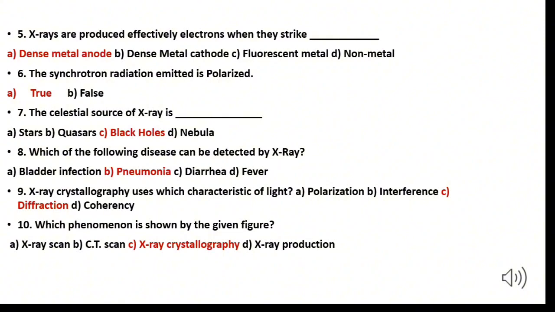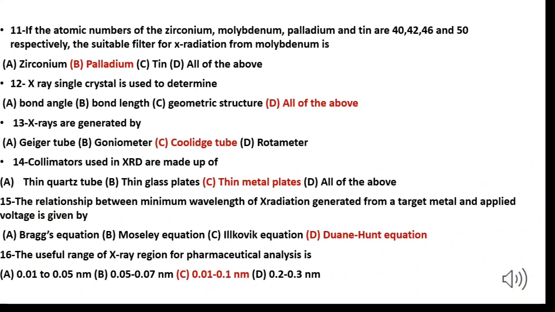Number 8. Which of the following diseases can be detected by X-ray? The answer, pneumonia. Number 9. X-ray crystallography uses which characteristic of light? The answer, diffraction. Number 10. Which phenomenon is shown by the given figure? The answer, X-ray crystallography. Number 11.